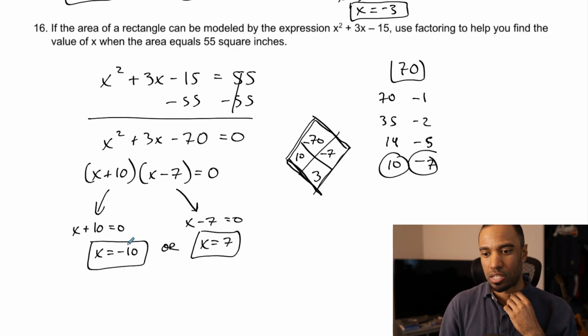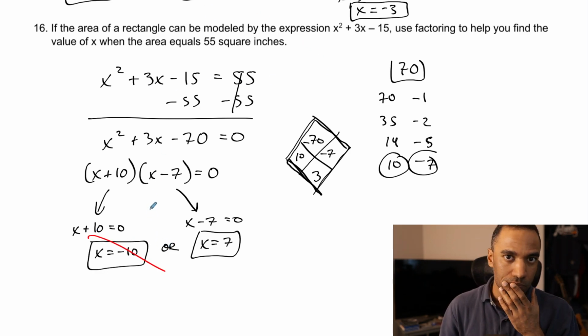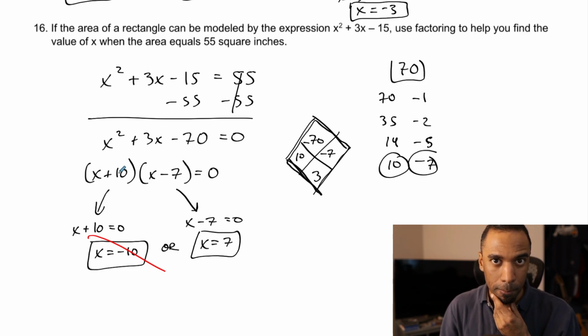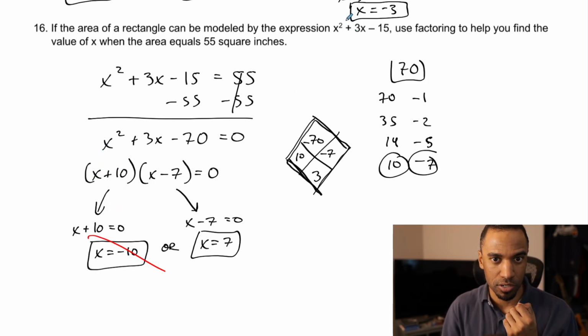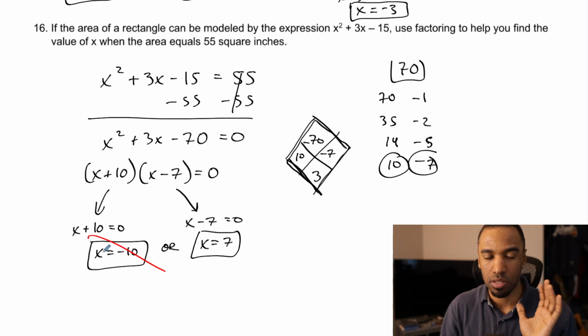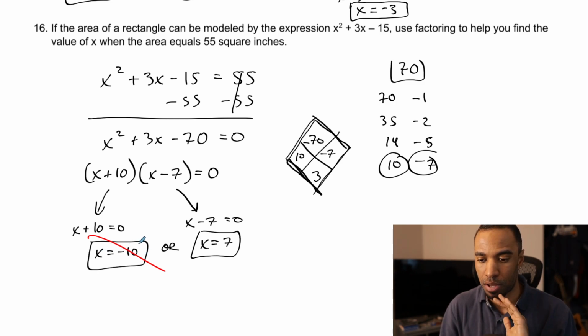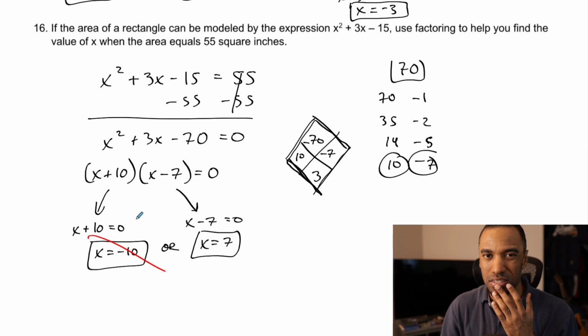So you probably saw me last time cancel negative 10. Here's what I was thinking about. I was thinking about x representing a portion of a physical length if I factored this, which I didn't the first time, but if I factored this and it's not factorable, then I would have had a length involving x with a negative number. I can't have negative lengths. That's the problem. I don't want negative lengths.